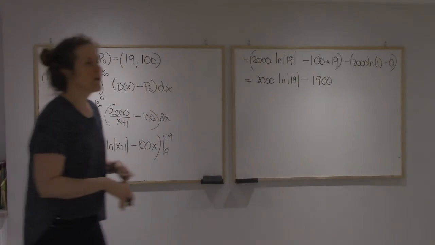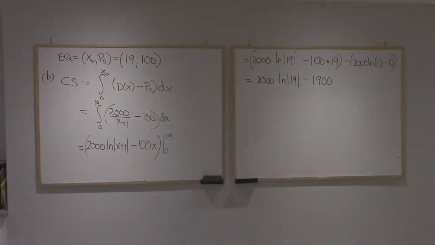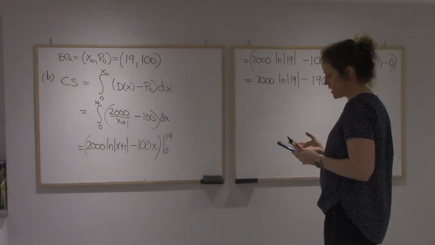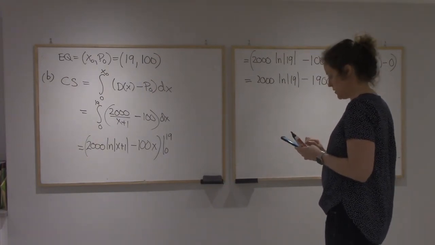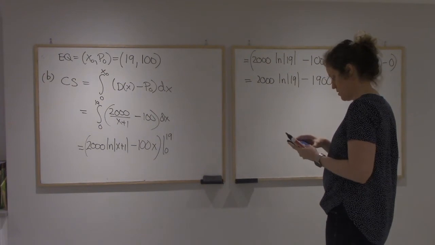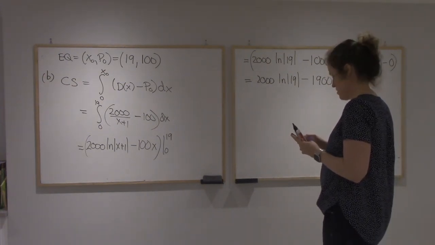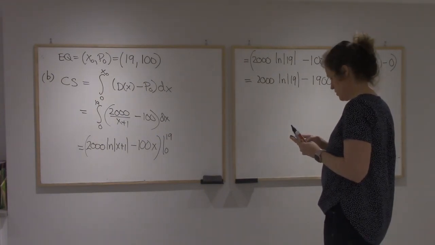In real life situations like this, when we have a context, we need to give a real life answer as well. So let me compute this. It's 2000 log of 19 minus 1900.